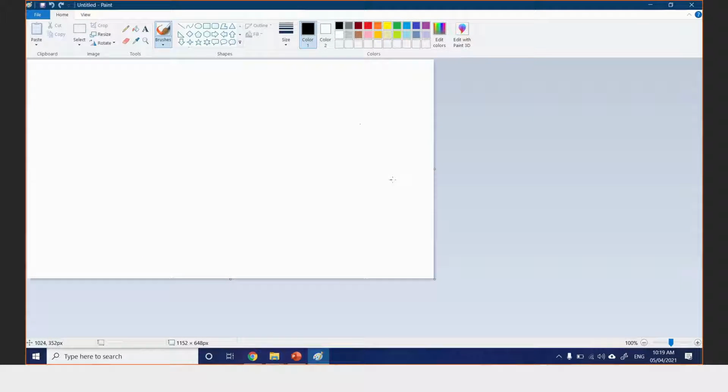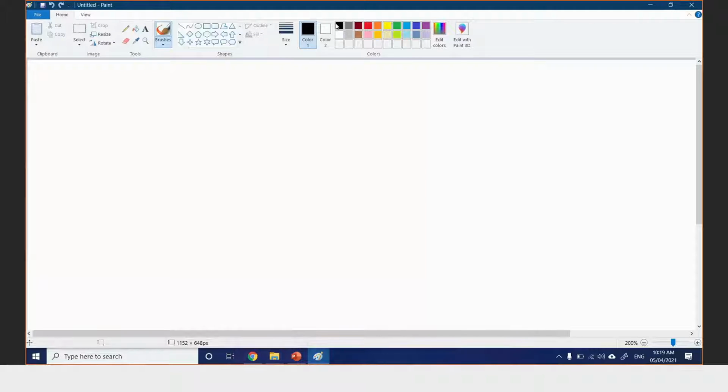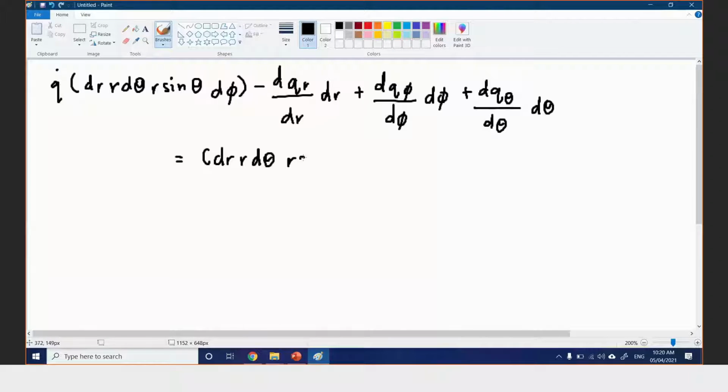So we will get Q times the volume dr, r d_theta, r sine theta d_phi, minus, because we brought the terms over to the other side, dQ_r/dr times dr, plus dQ_phi/d_phi times d_phi, plus dQ_theta/d_theta times d_theta, equals the term with the temperature profile just now, volume dr, r d_theta, r sine theta, times rho Cp dT over dt.